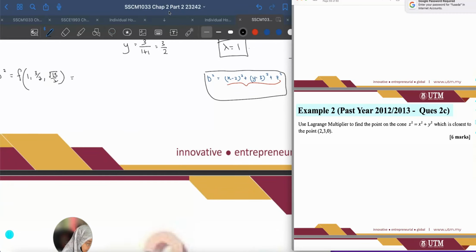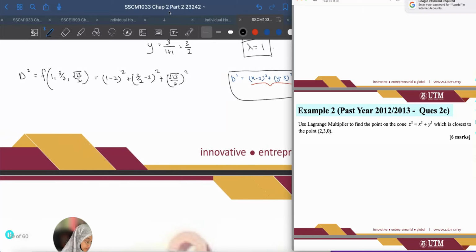So x is 1. So (1 minus 2) squared plus (3/2 minus 3) squared, and then (13/2) squared. Remember, this is d squared, not d.